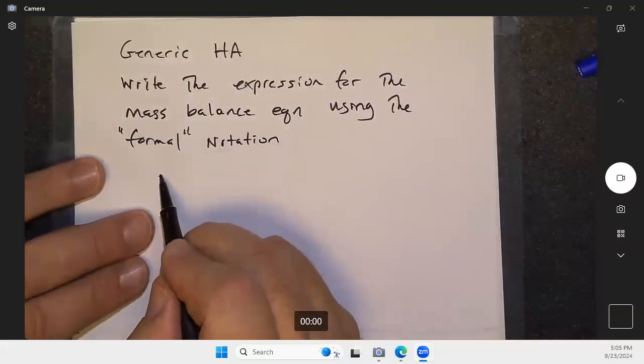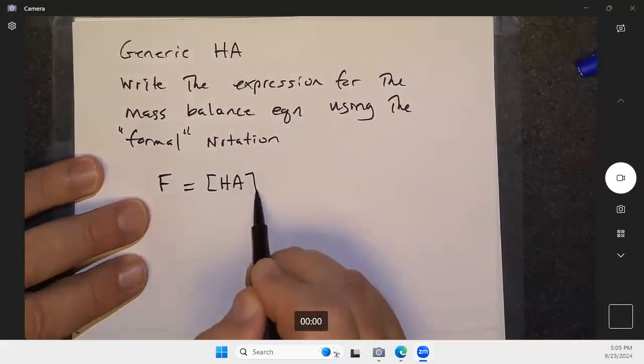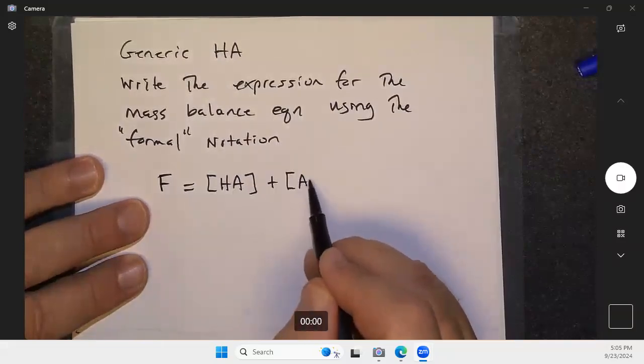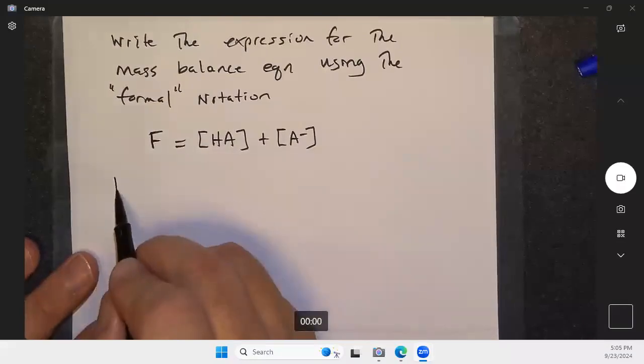So we write F is equal to HA plus A minus, just like I did on the previous page.